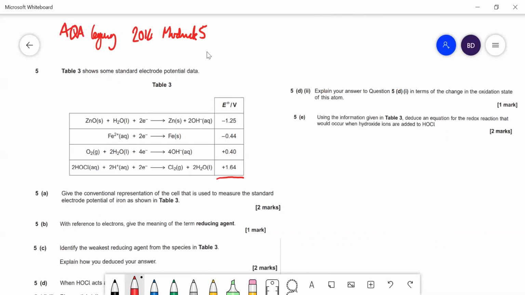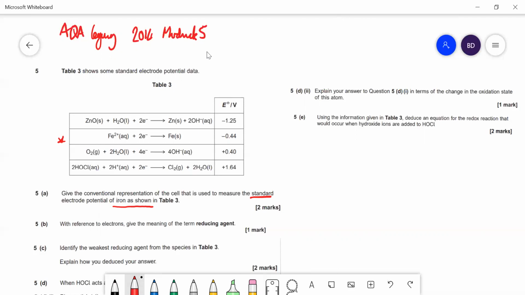Right. Now, it says here, give the conventional representation of the cell that is used to measure the standard electrode potential of the ion as shown in table 3. So we need to look at this one here, and we've had this question before in the previous video. Well, you connect it to the standard hydrogen electrode, so let's do that.